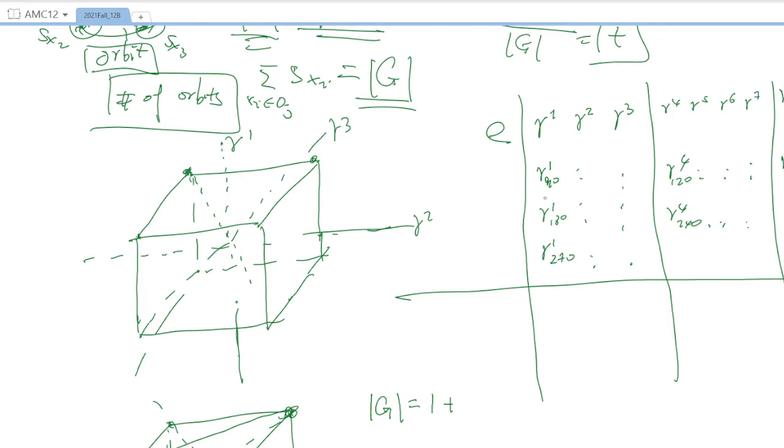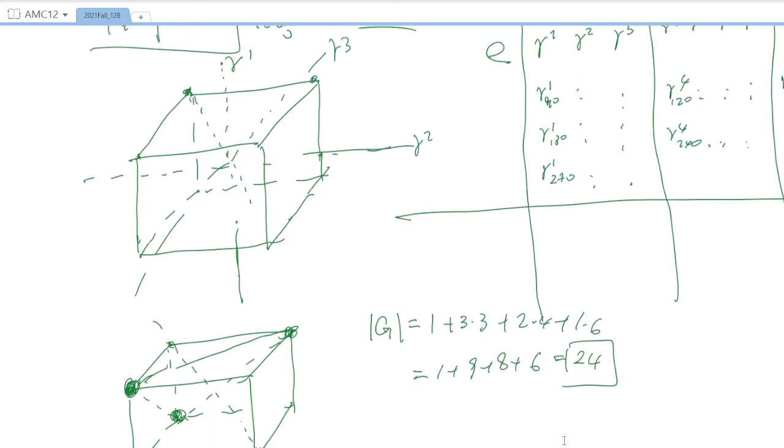This group is 3 rotation axes, 3 times 3, plus this is 2 times 4, plus this is 1 times 6. So the total will be 1 plus 9 plus 8 plus 6 is equal to 26. Now we have 26 possible rotations.